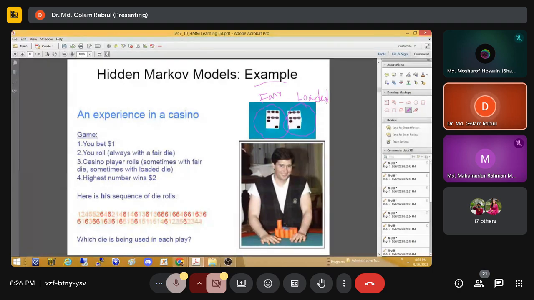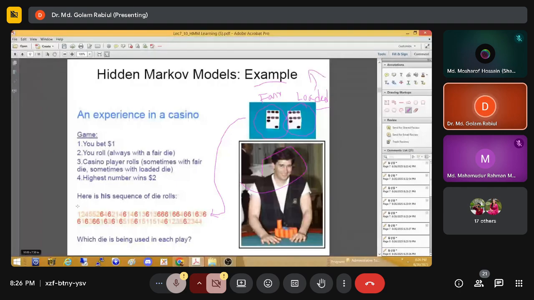What we can see are just the observations, the observation sequence. Sometimes this casino player uses the fair die and sometimes the loaded die. Loaded on 6 means every time we get the 6. So that is our loaded die.